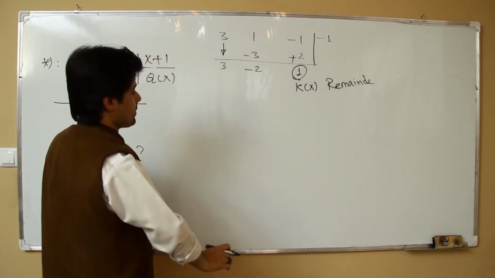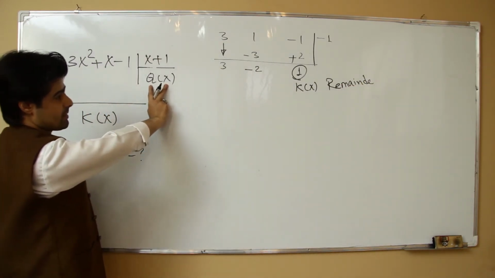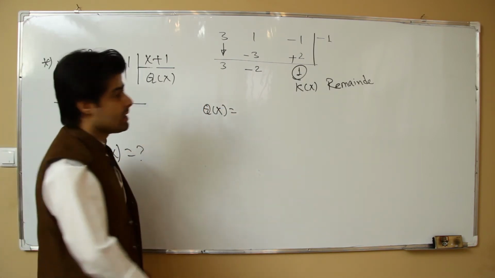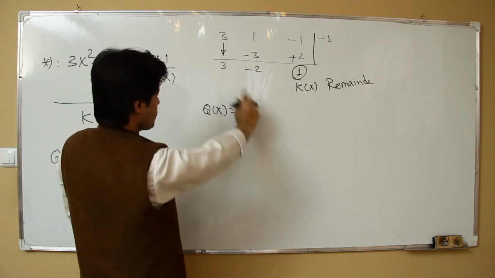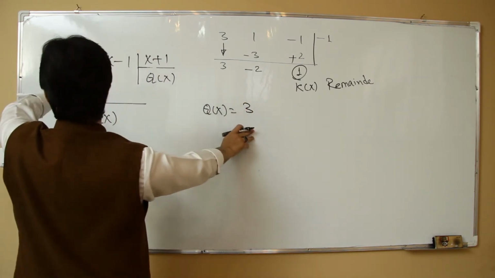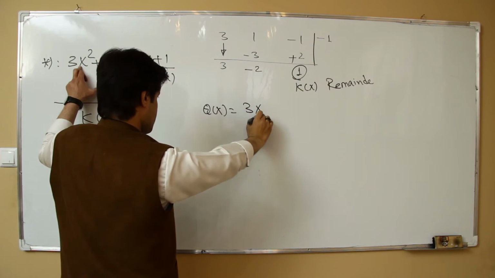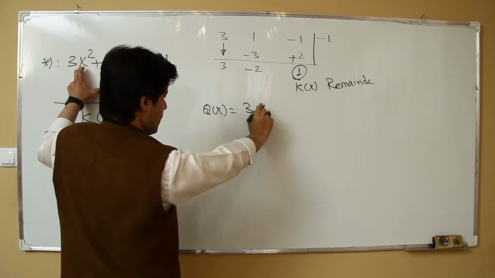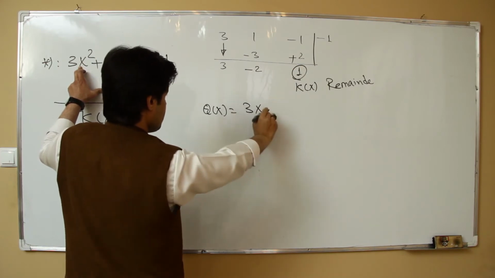Now what is q(x) or t(x)? Q(x) in some books is t(x). Q(x) is 3. What's the power of this one? X squared. Then write 1 degree smaller than the dividend: 3x, then minus 2.